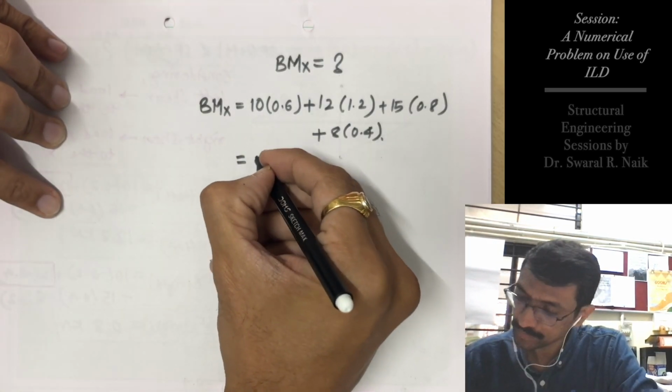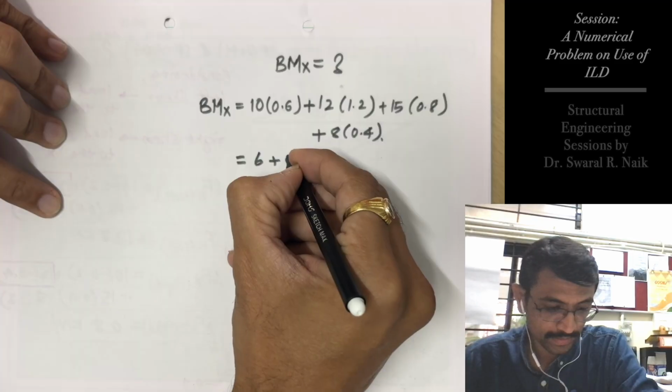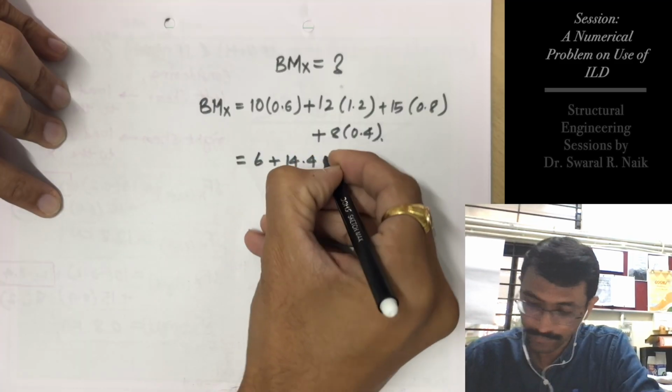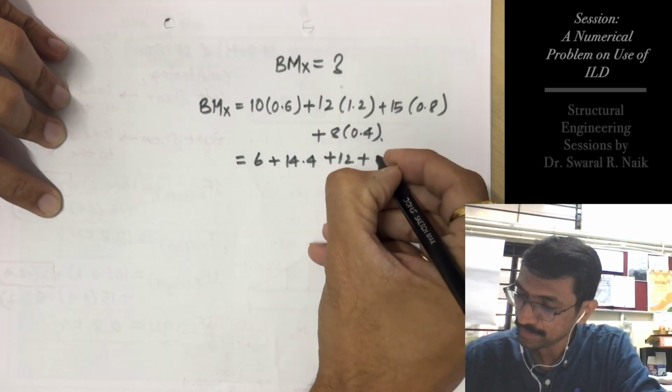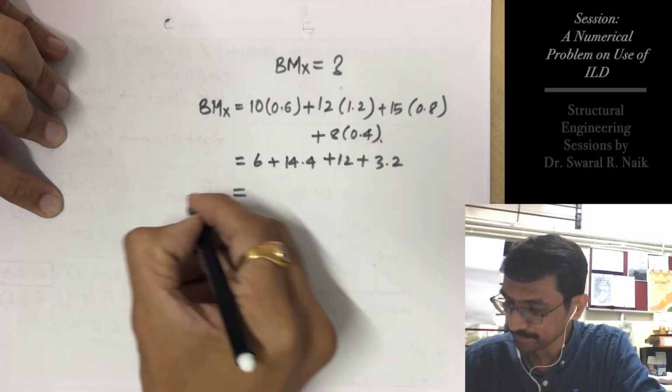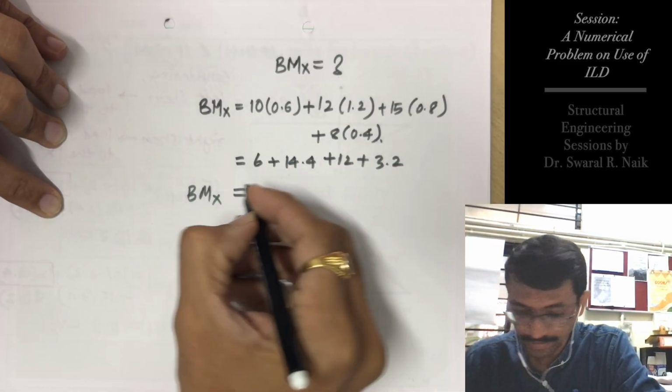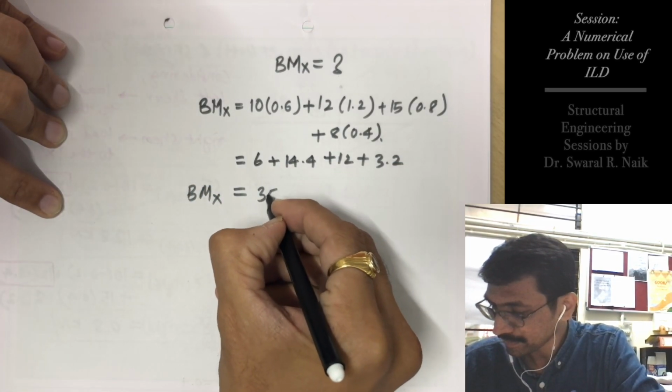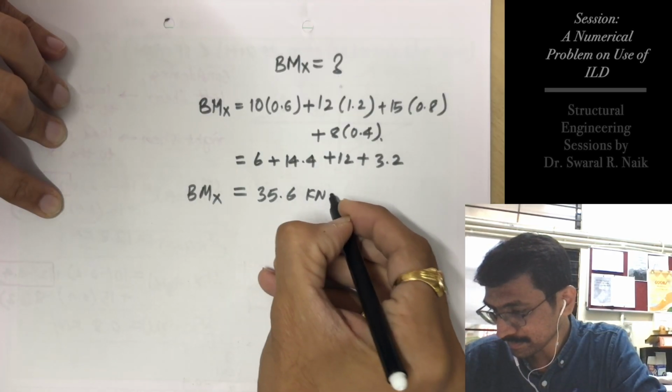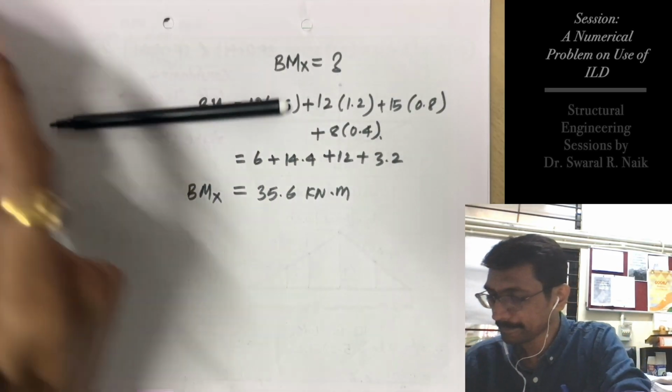So this is 6 plus 14.4 plus 12 plus 3.2. BMX is nothing but 35.6 kilonewton meter.